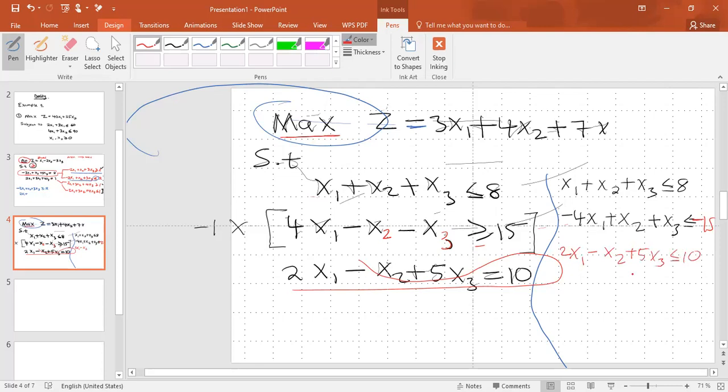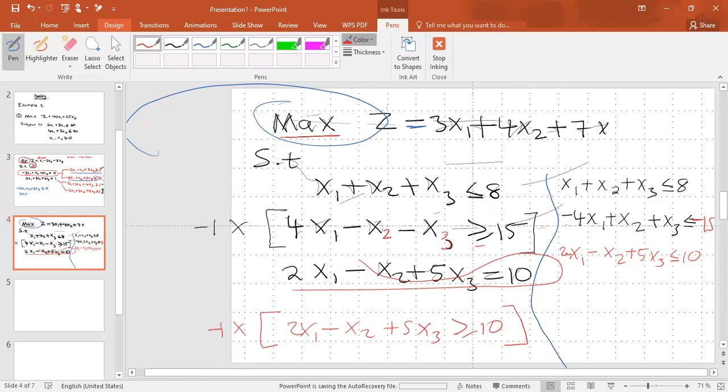Initially we have 2x1 minus x2 plus 5x3 greater than or equal to 10. But due to time, I was asking if I can multiply by negative 1 in advance by changing the signs.